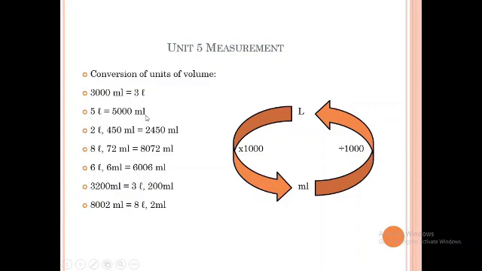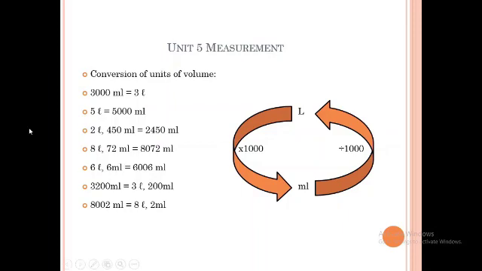But we know that we are using both the units together also, liters and milliliters. 2 liters and 450 milliliters. So how to write them in milliliters together? As we have done in kilogram and gram, kilometer and meter, the same rule we will follow here.